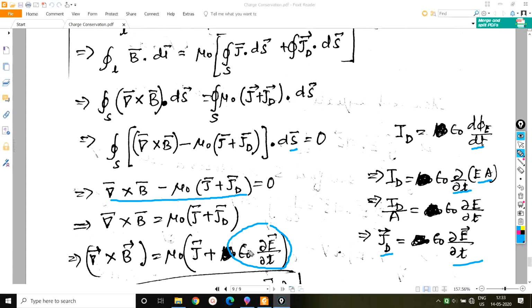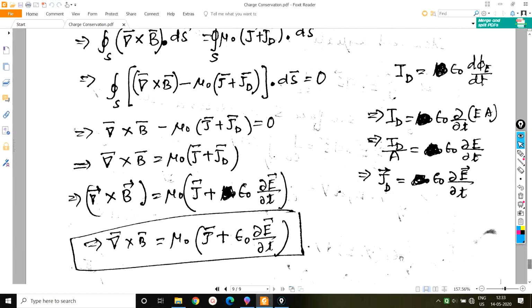So jd is simply epsilon 0 del E del t, and this is your boxed one: curl of B equals mu0 j plus epsilon 0 del E del t. This is your Maxwell's fourth equation in differential form.